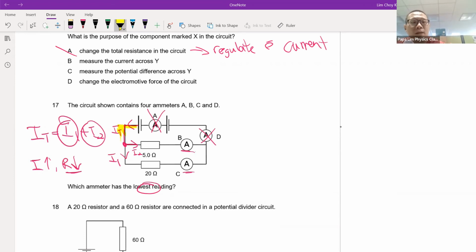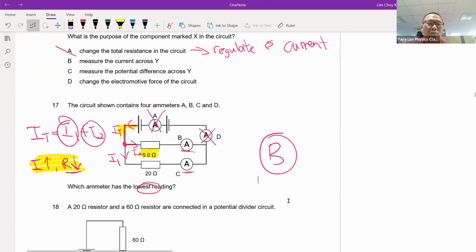We look at the second property I mentioned, the relationship between current and resistance: the higher the resistance, the lower the current. So if I want the lowest reading ammeter, I will choose the one with the higher resistance, which is ammeter B. So ammeter B will give me the smallest current reading because it has the highest resistance in that particular branch.